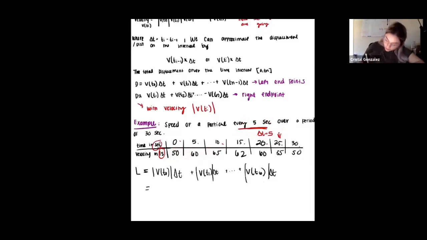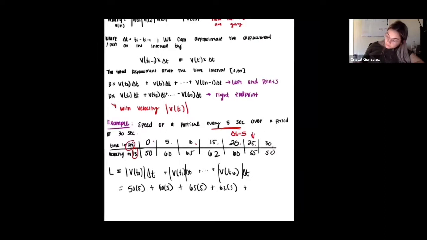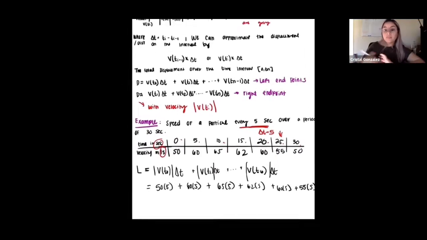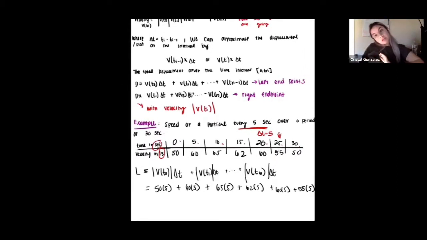The first one's going to be 50 times 5 seconds plus 60 times 5 seconds plus 65 times 5 seconds plus 62 times 5 seconds plus 60 times 5 seconds plus 55 times 5 seconds. That looks like a 35, but it's a 55.